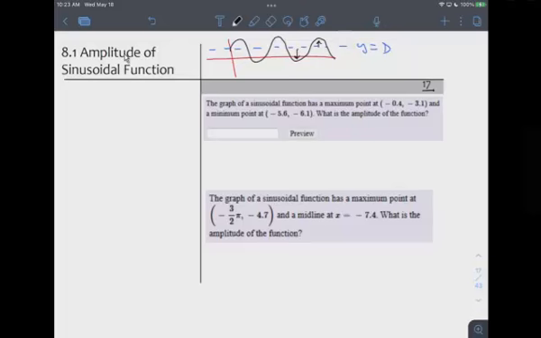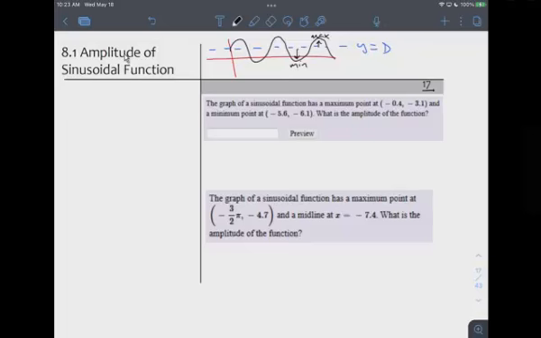Okay, so if you know that you have a maximum here and a minimum here, you can find the amplitude. Knowing the midline is d, the amplitude is going to be the distance from the midline to the max and to the min, or it's going to be halfway between the max and min. So it could also be found by taking the midpoint of the max and min, right?